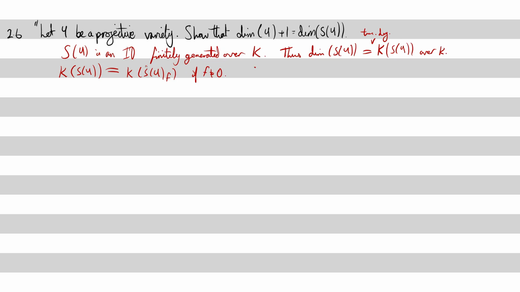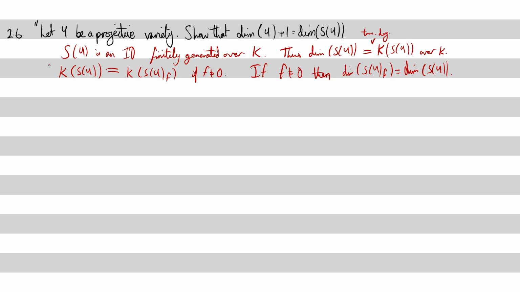Furthermore, this is also an integral domain. Therefore, if F is not equal to 0, then the dimension of S of Y localized at F is equal to the dimension of S of Y.